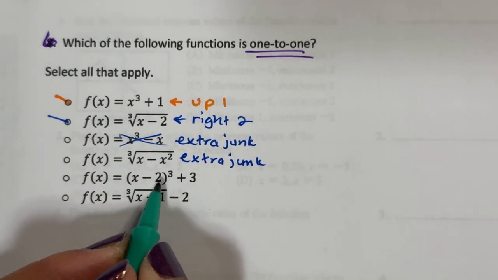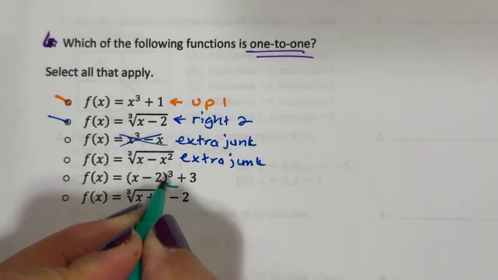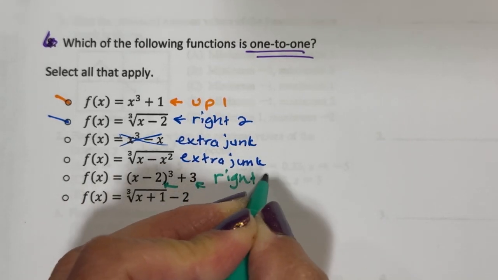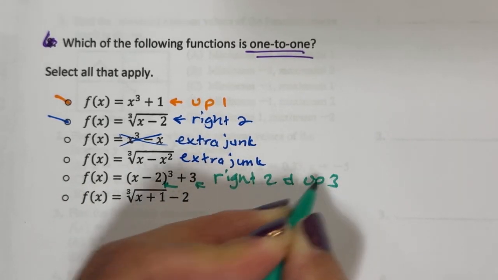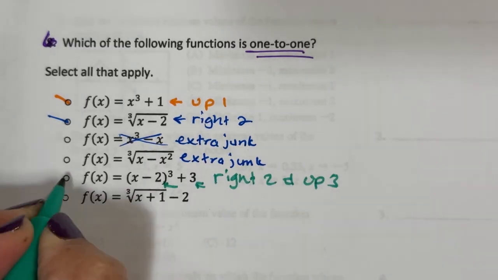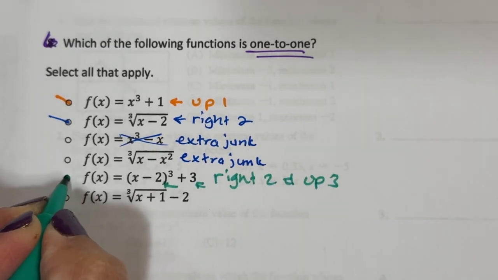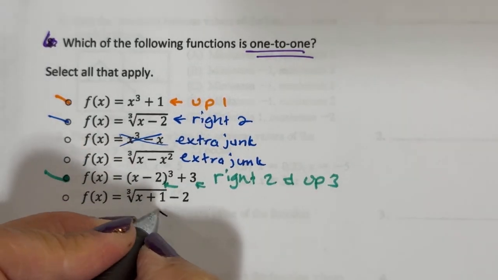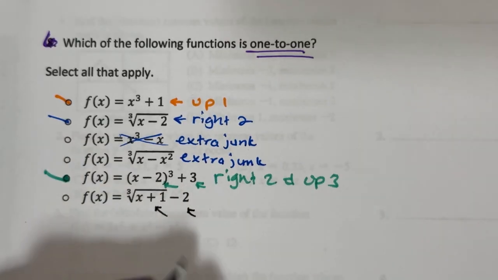This one, however, we can see that it is shifted to the right 2 and up 3. It is a cubic, which means it is a transformation of the parent cubic function, and so it is 1 to 1. And then the last one, it's a cube root, and we could tell it's got some shiftings of the parent function.